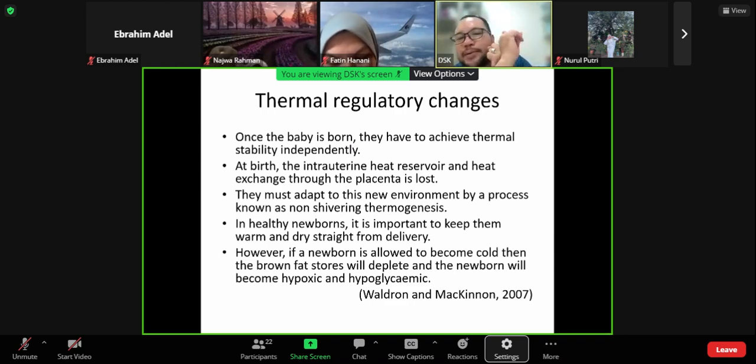Firstly, it has brown fat. Brown fat is a very good medium for thermoregulation. Babies who are born premature don't have enough brown fat. When brown fat is metabolized, it produces a lot of energy and a lot of heat, so it's a very good medium for heat generation.